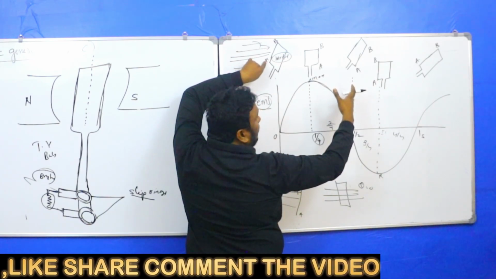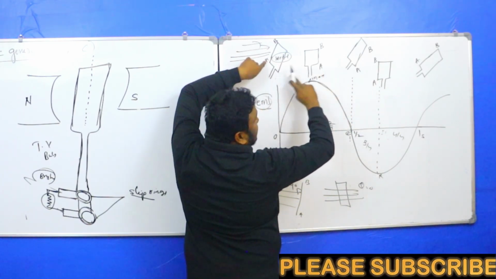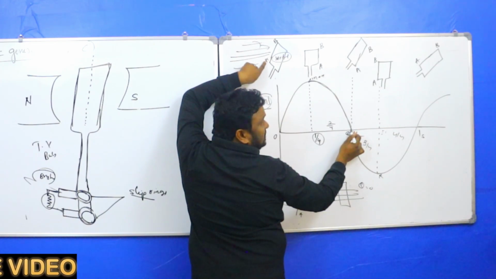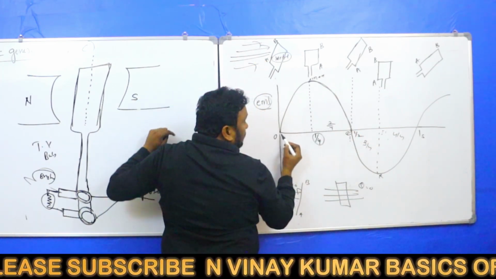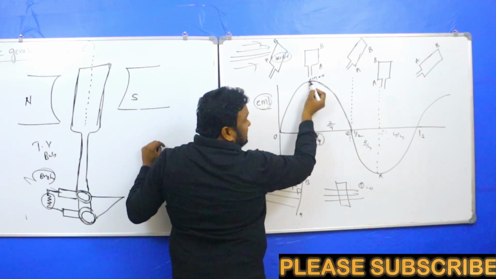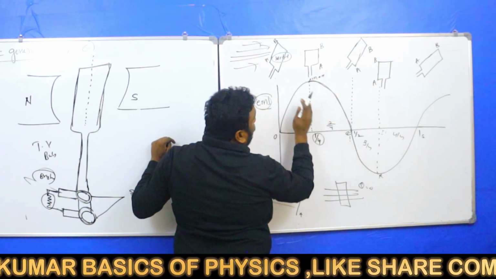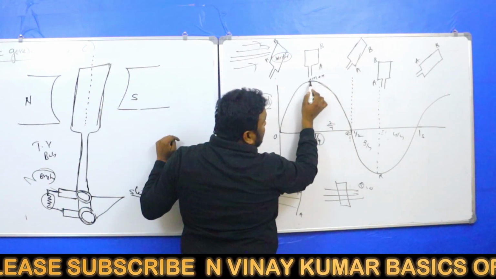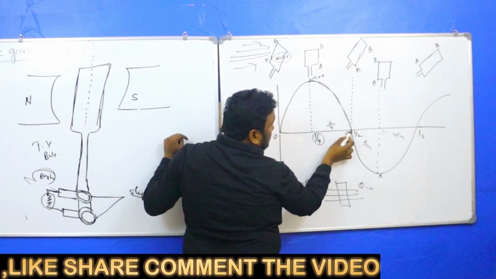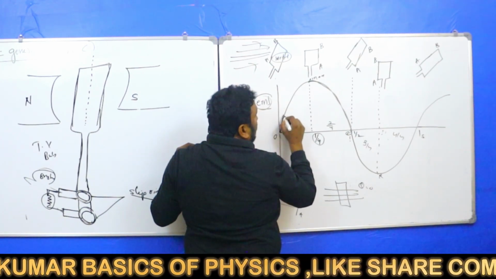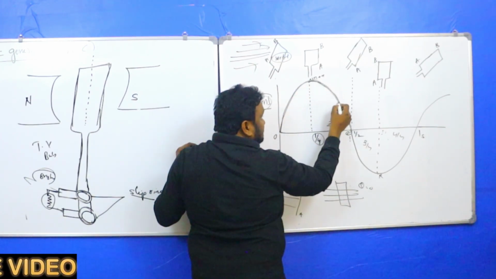So in this case it is vertical again, and when it is vertical, obviously EMF is 0. You can observe that in the first quarter the EMF value increases from minimum to maximum, and in the second quarter from maximum to minimum, while it moves from horizontal to vertical. Clear? And this is the first half cycle, in one direction.